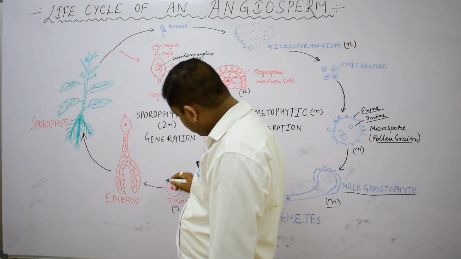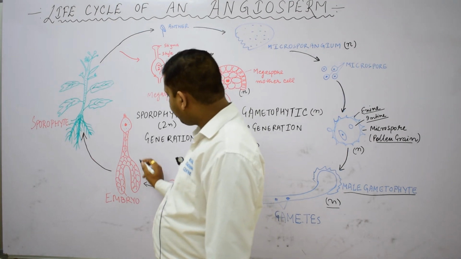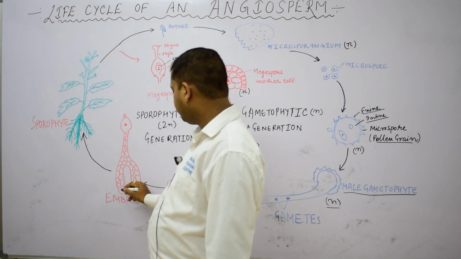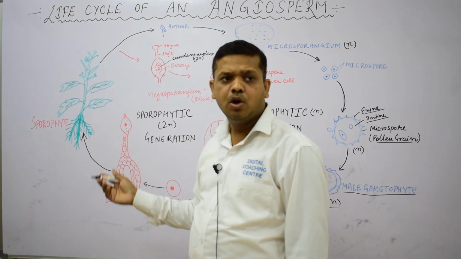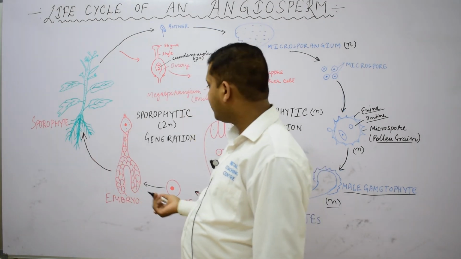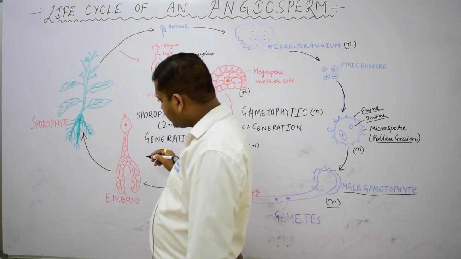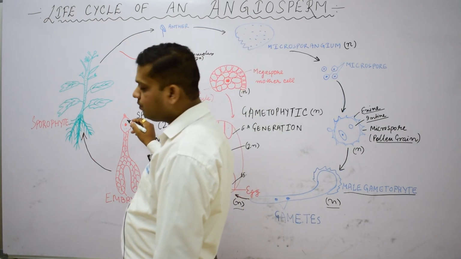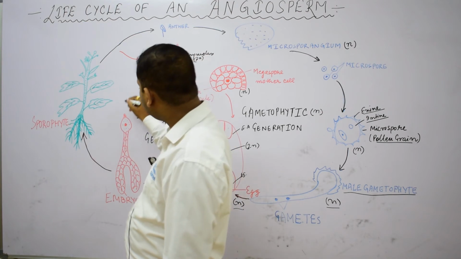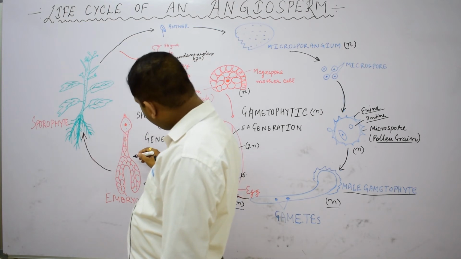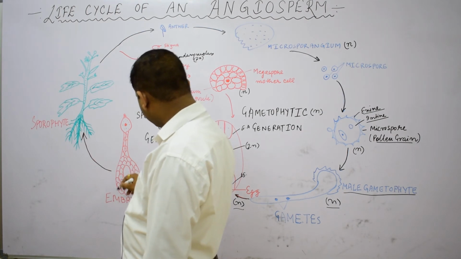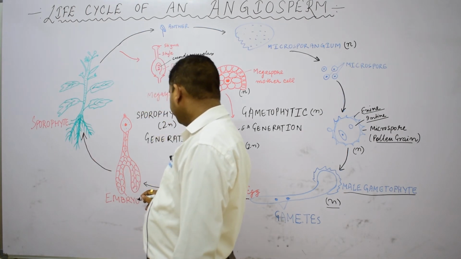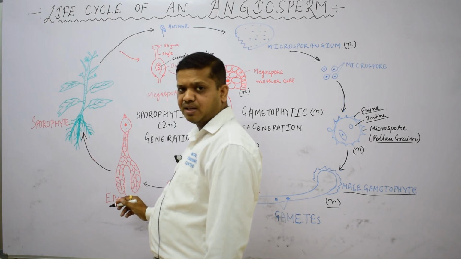From the zygote, the formation of the embryo takes place. Here the coleoptile as well as the coleorhiza form, and from the coleoptile the plumule forms, and from the plumule the shoot forms in angiosperms. From the coleorhiza the root forms. From the root come the primary, secondary and tertiary roots.